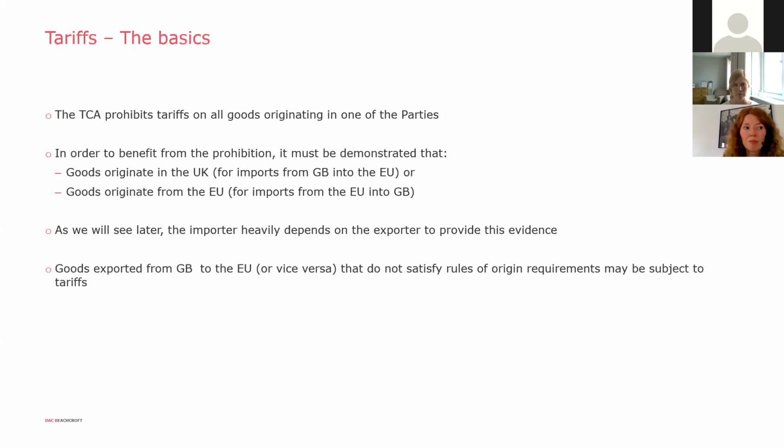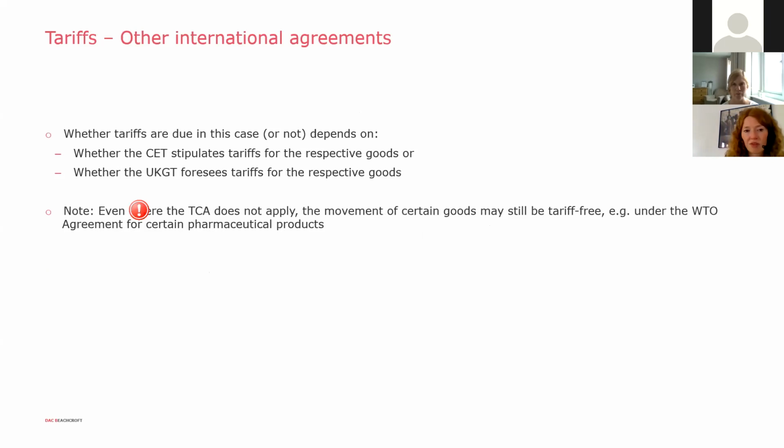Even though it's the importer who is in charge of providing the evidence that goods comply with the rules of origin, because obviously he's the one who would normally have to pay the tariffs, the evidence for this needs to be provided by the exporter. And just a reminder, if that's not the case, then we have a problem.